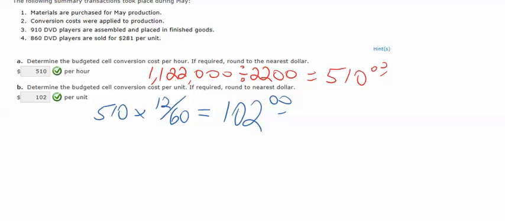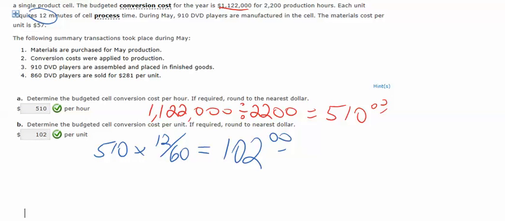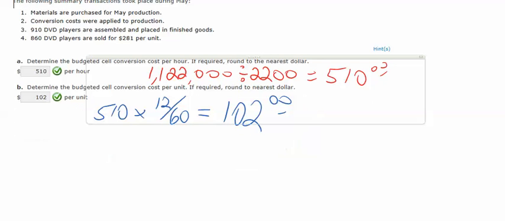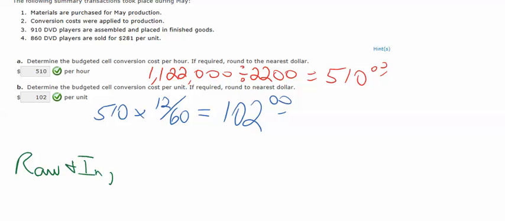Now I'm going to record the journal entries that are listed there, 1 through 4. The first one is materials are purchased for May production. So we have the materials, which are $57 per unit, and we are going to put 910 into production. So I'm going to debit my account raw and in process for the 910 units times 57.